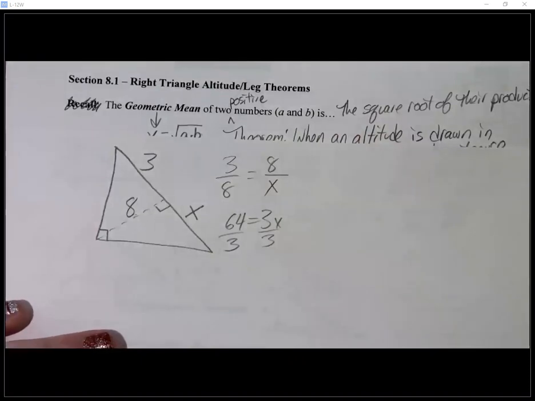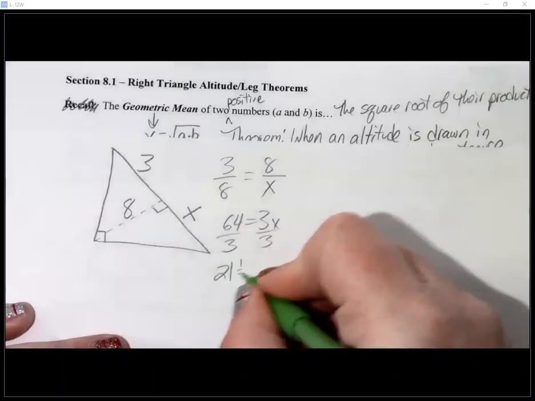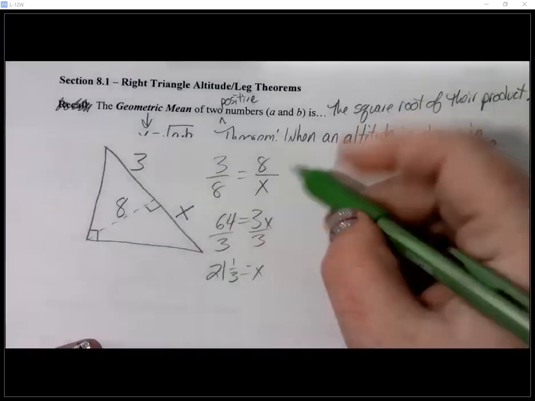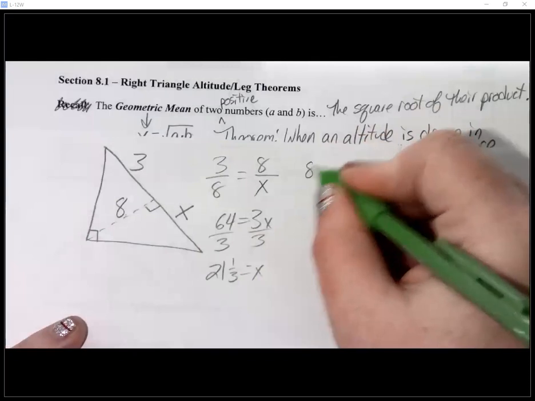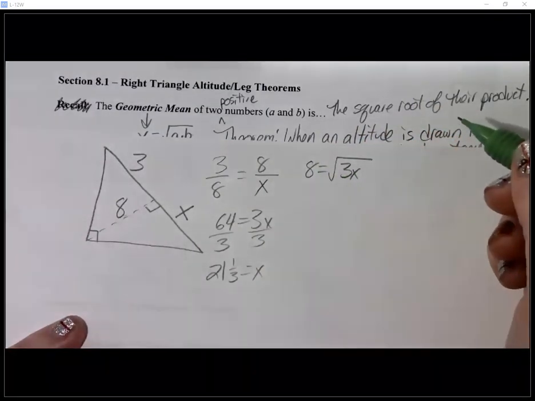Am I right? I am? Yeah, definitely not drawn to scale. But does that make sense? Okay, cool. If you had used the other equation, you would have had what? 8 equals the square root of 3x. So what do we do? Isabella?